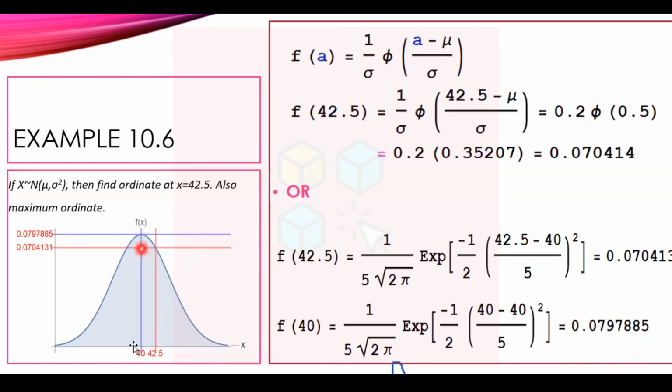The height is the blue line, and 42.5 is positive, so it comes next to 40. This is our red line, which is at 42.5, and its height can be read from this line, which is 0.0704131. So both are ways of calculation: first by the density function and the other by using the standard normal table.